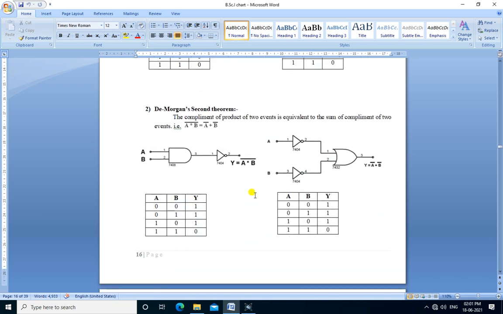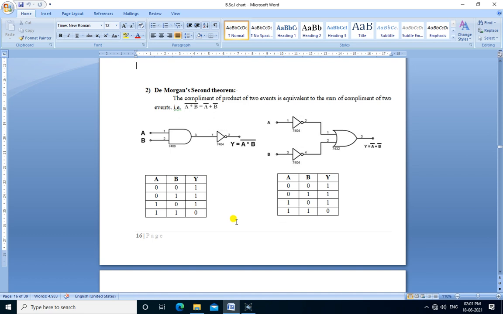Similarly, we can perform De Morgan's second theorem. The second theorem is the complement of the product of two events is equivalent to the sum of complements of two events. That is, (A dot B) bar is equal to A bar plus B bar.